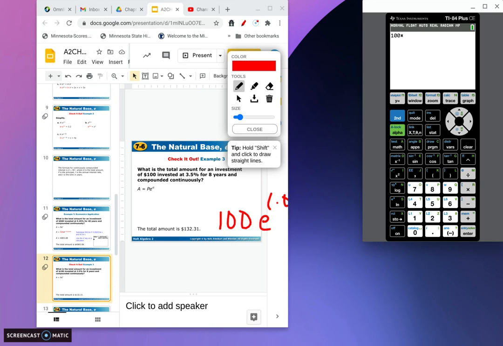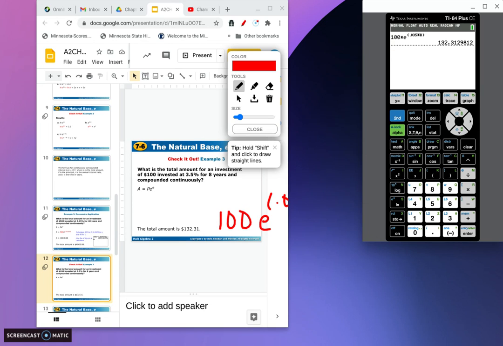We have to hit second and then hit that e button. Then I'm going to put parentheses, 0.035 times 8 years. And look at that, we get $132.31. So that's how we type that in on the calculator. Remember that e button is right over the natural log, which is the inverse, so it kind of makes sense.